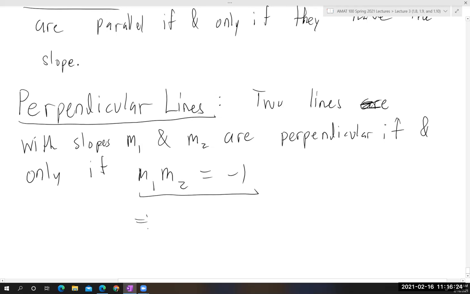And this can just be rephrased equivalently as saying that M2 is equal to -1 over M1.